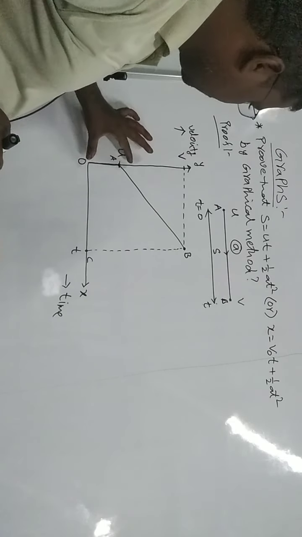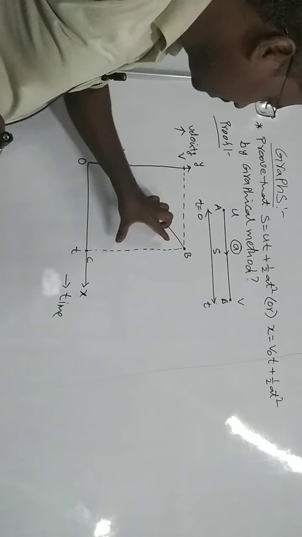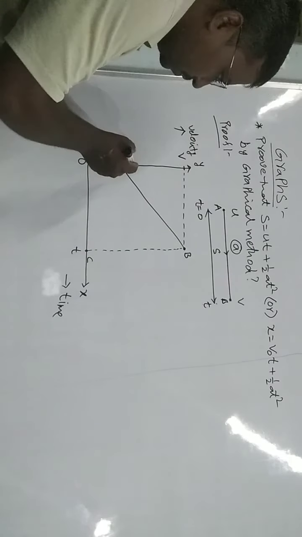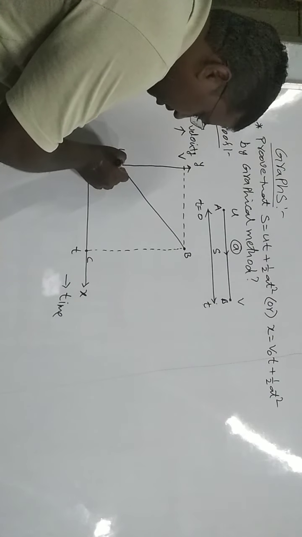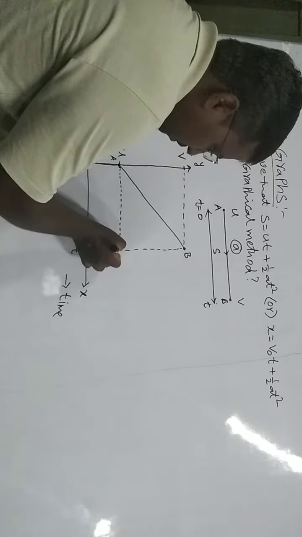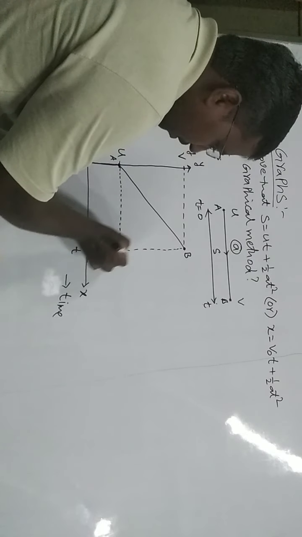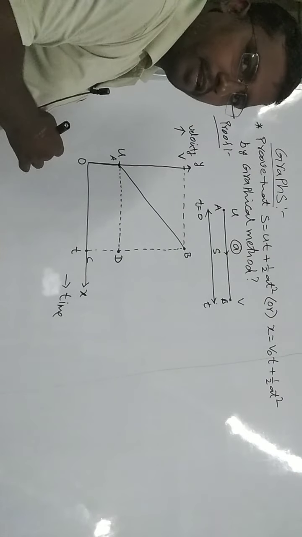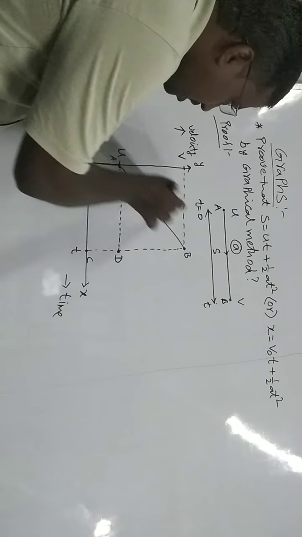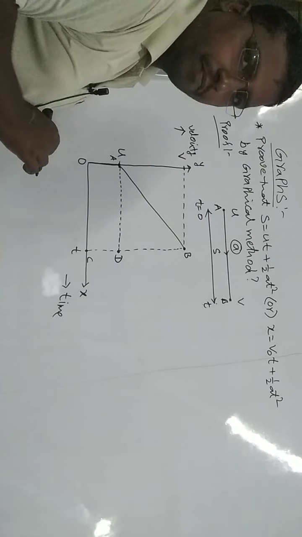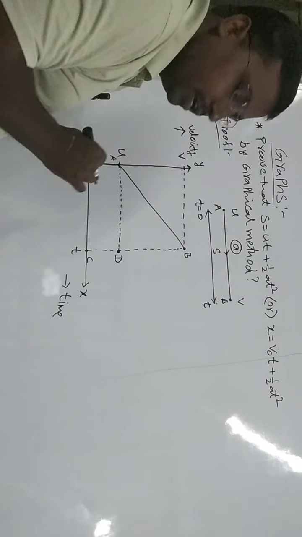This is a typical area. This is point D. So OADC gives a rectangle and ABD gives a triangle, a right angle triangle.